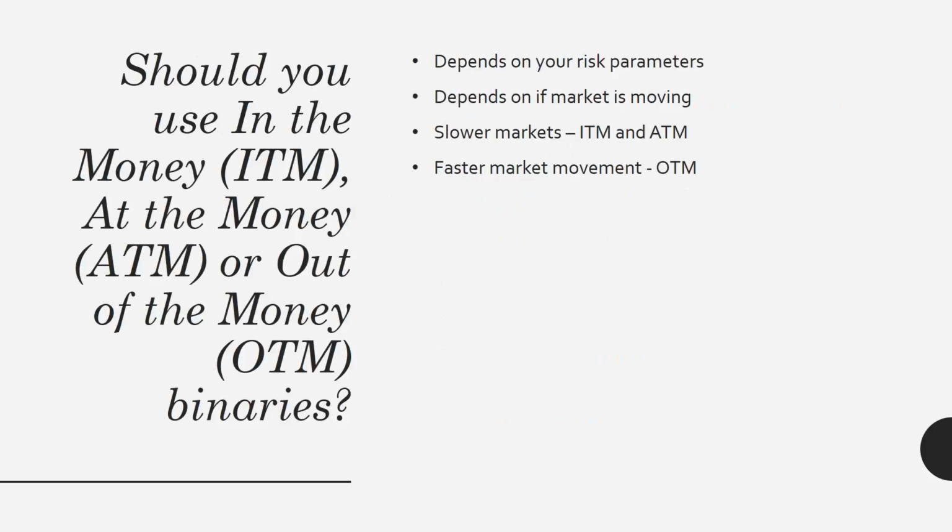There are exceptions. I did one yesterday in the live trading room on the Euro British Pound, and it was a 7-pip move, but we were able to enter that binary for only $20 of risk. Why? Because the Euro British Pound does not typically move that much during the U.S. session.